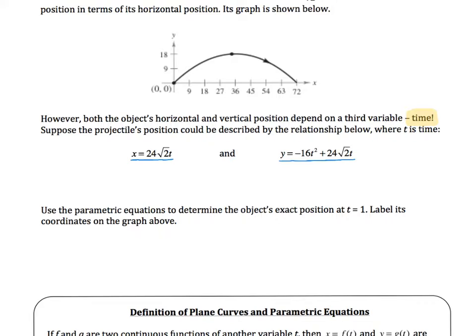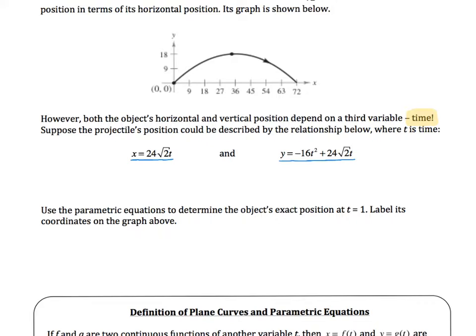So let's go ahead and use these parametric equations to determine the object's position at t equals 1. And what might not be readily apparent from this, it's not really written very well, is that these radicals actually close at the 2. So the t is not under the radical. It actually won't make a difference for our purposes if we're using t equals 1, but worth mentioning.